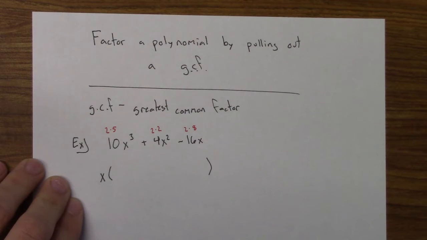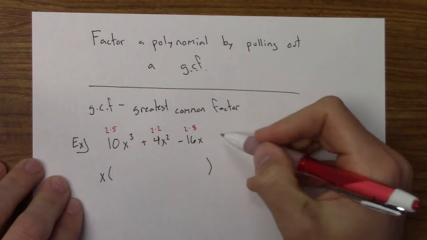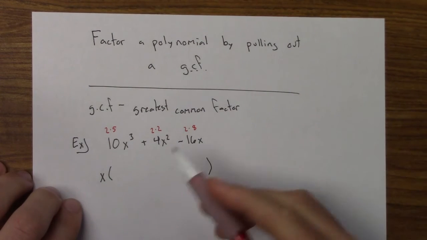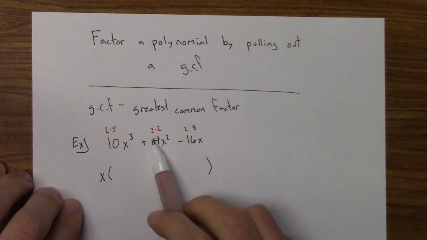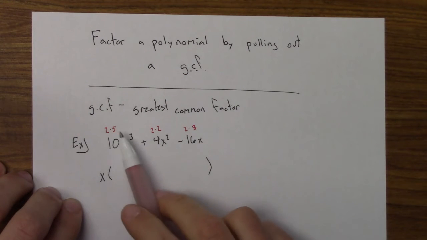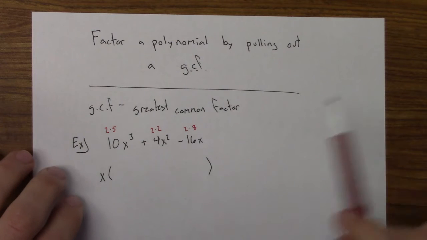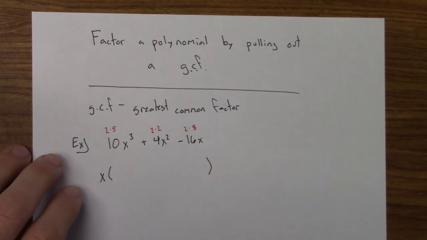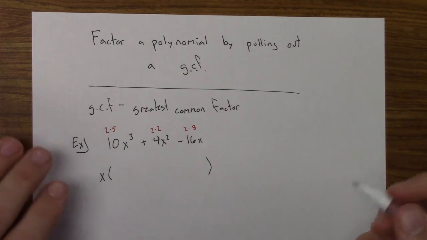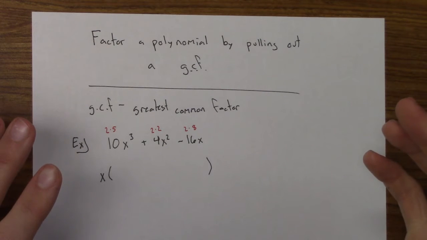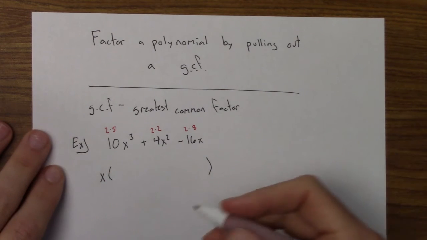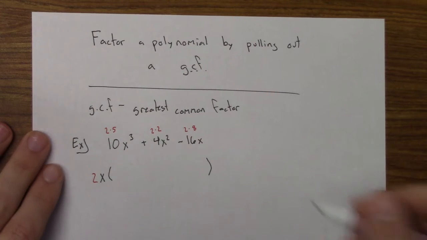And it's got more than just that 8. I could break that down even further, but the moment I pull one of these 2's out, 5 doesn't go into the other numbers, so there's nothing in common the rest of the way. So the most I can pull out is that 2. So I'm going to go ahead and pull that 2 out.